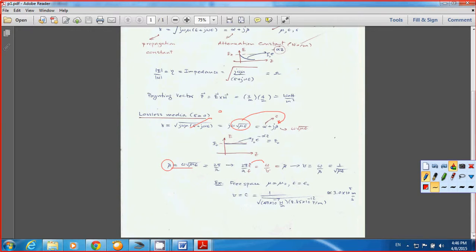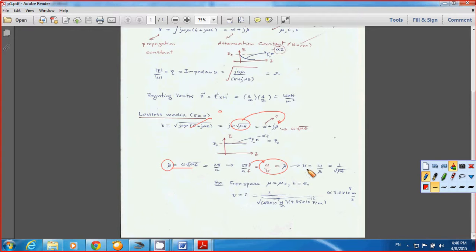The numerator, you're going to have 2 pi f equal to omega, and the denominator lambda f simply becomes v, so you can find the relation omega over v is equal to beta. When you know beta, you can find the velocity of the waves in that media.